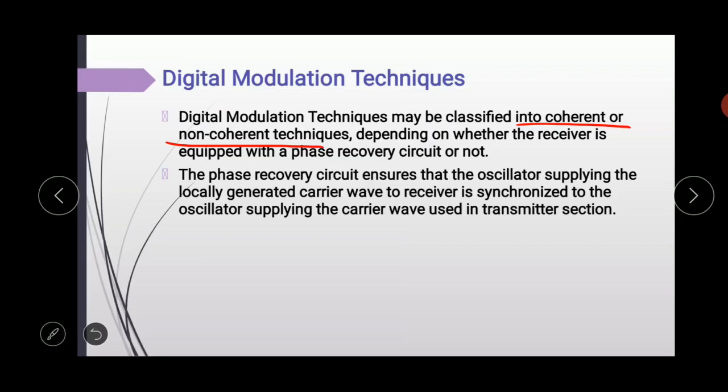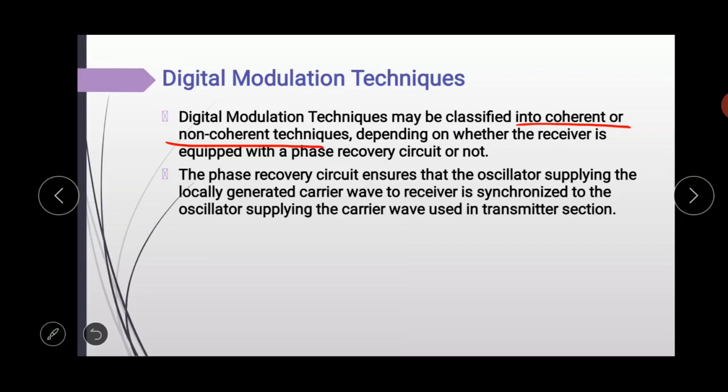Second one is the non-coherent digital modulation technique. Non-coherent digital modulation techniques are those techniques in which the detection process does not need receiver carrier to be phase locked with transmitter carrier. Means here synchronization is not required.